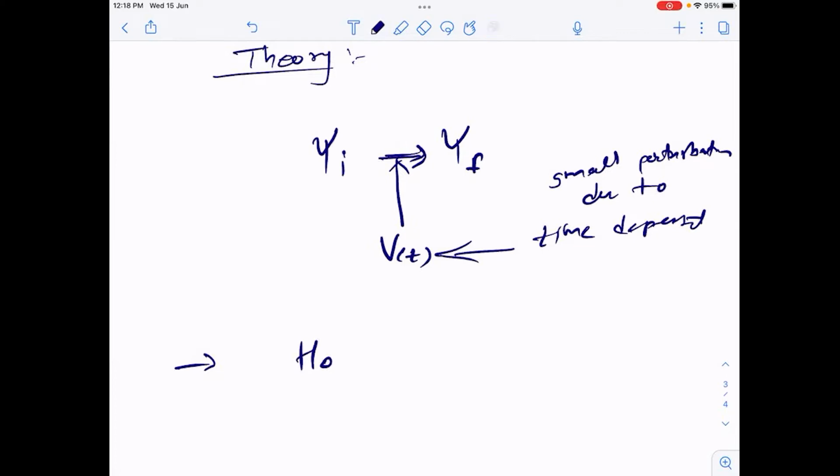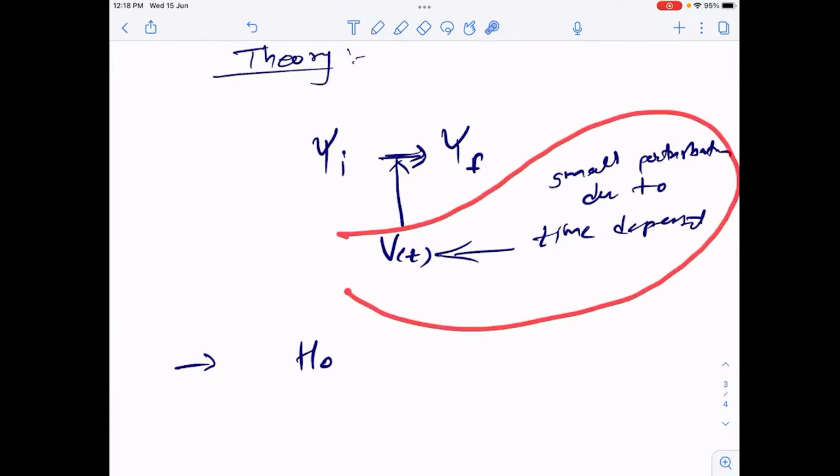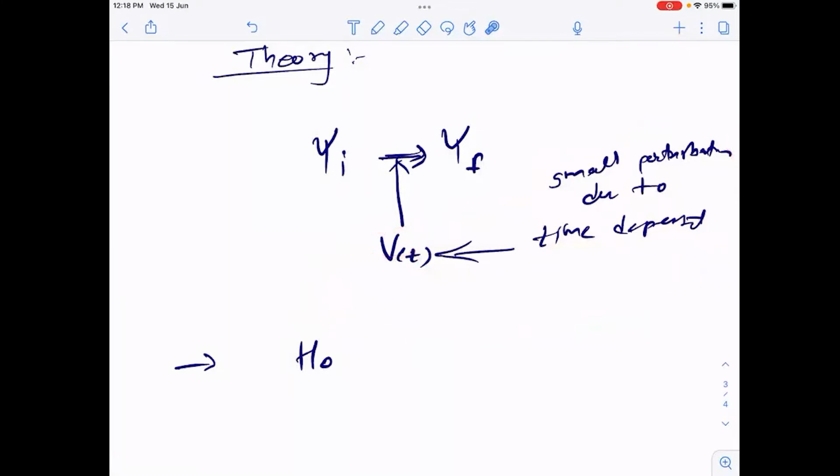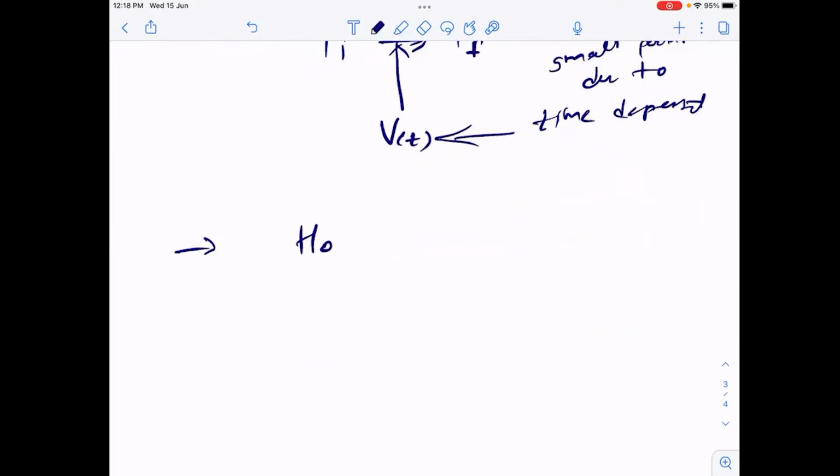Now, as soon as this small perturbation, which is time dependent, is introduced to the system whose Hamiltonian is time independent, or which we call unperturbed, what happens? Psi i changes to psi f. That means our Hamiltonian also changes. So we call our Hamiltonian H(t) = H0 + V(t).